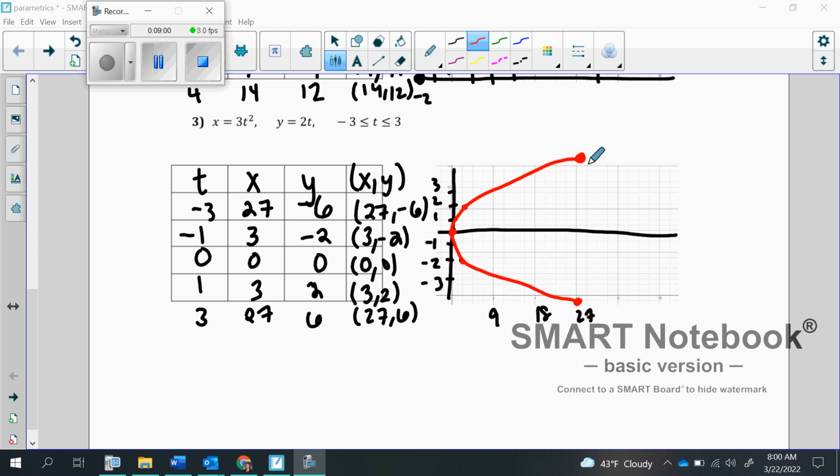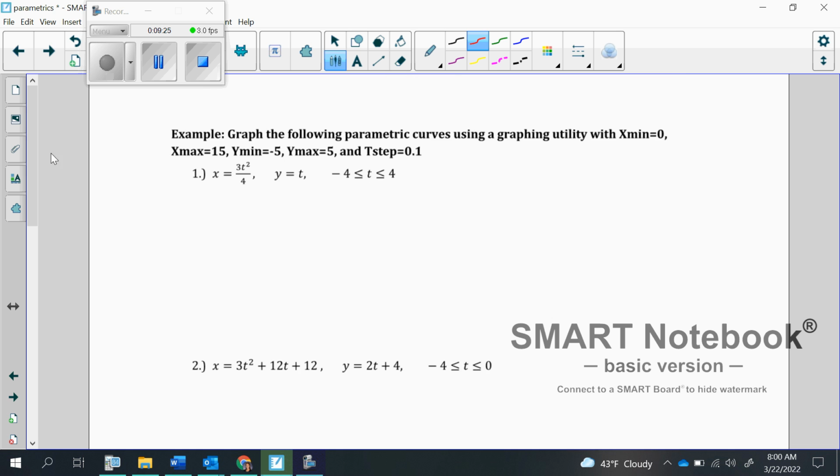If I keep going -4 to 4, -5 to 5, depending obviously on what the curve is, you may see more points. So this is how to plot a parametric using a table with t, x, and y in it. Remember, you're not actually plotting t itself. You're plotting the point x, y, where each of those variables is in terms of t. So let's go on to the next page and see what we're dealing with here.